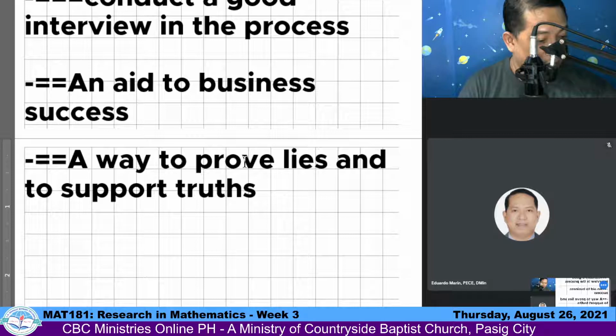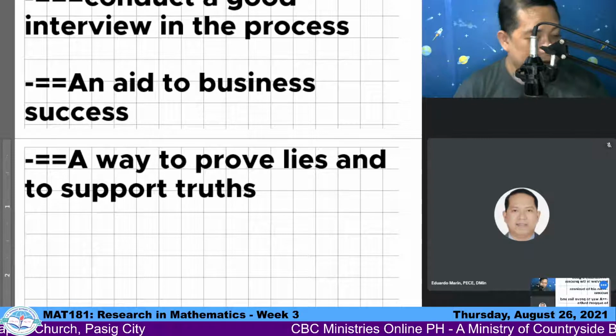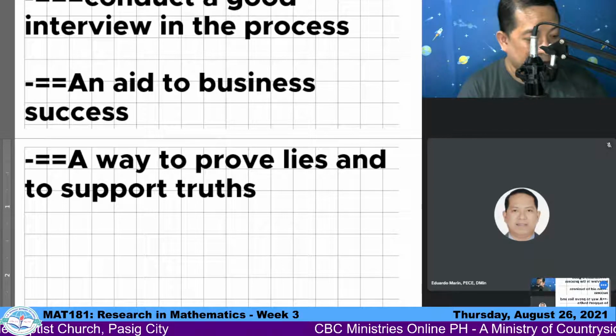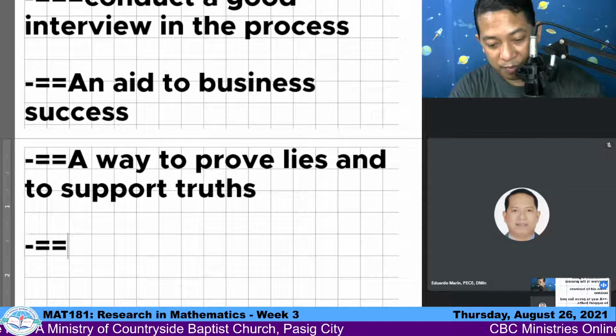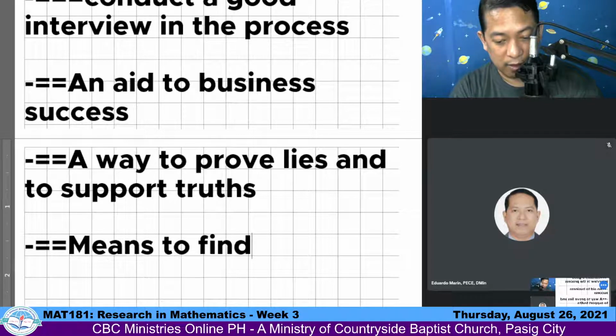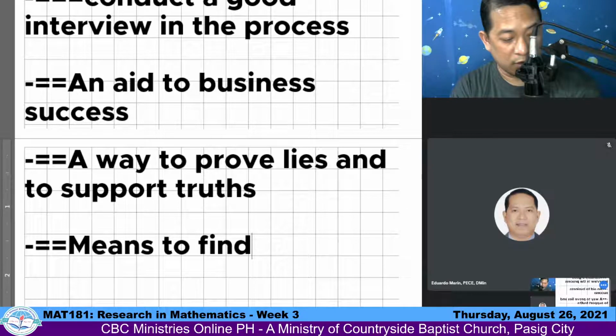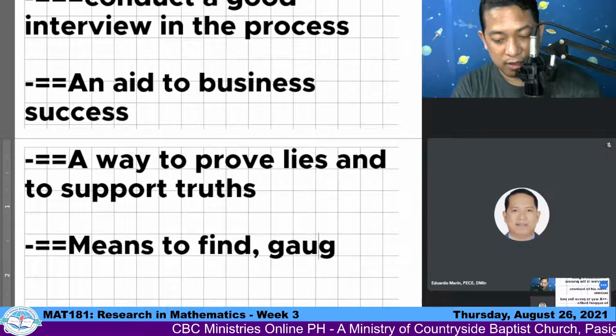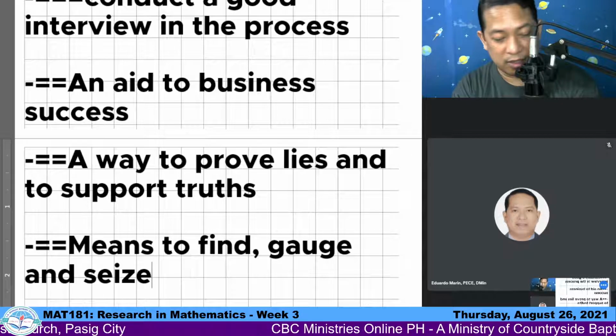Another way, so there are other examples here that we may read on your notes. Another is that means to find, gauge, and seize opportunities. Research is a means for a person like us, you and me, to find, gauge, and seize opportunities.